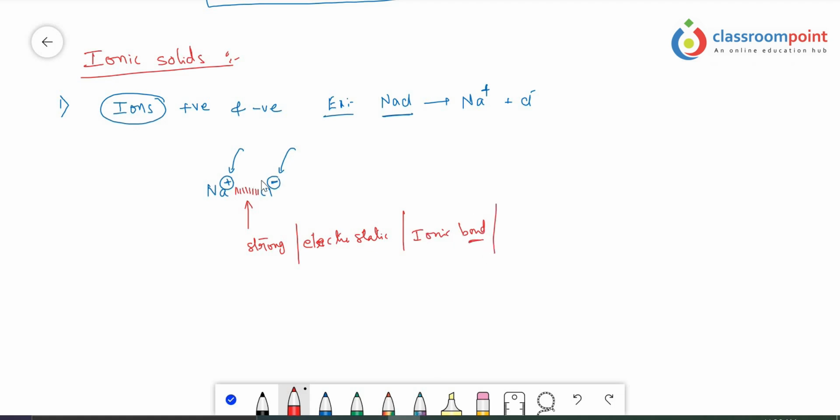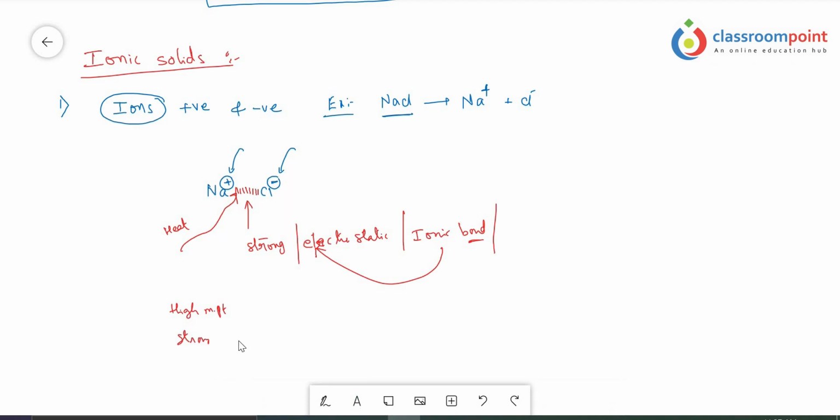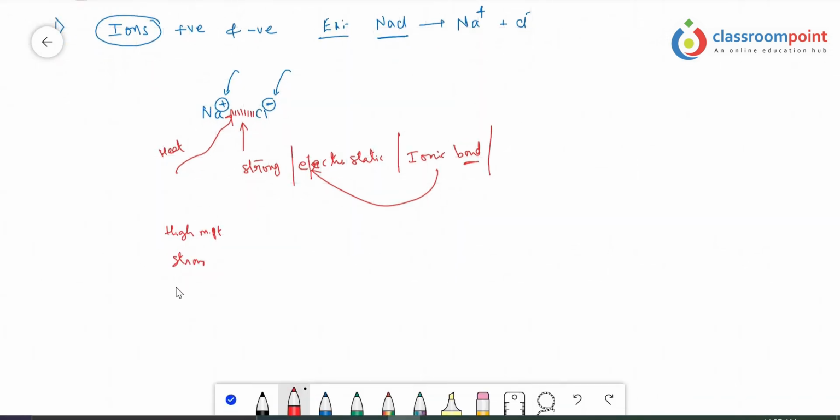The attraction force found between the two ions is called the ionic bond, and that ionic bond is due to the electric charges on the ions. These are very strongly attracted to each other. So this ionic bond is so strong that it needs high heat energy to be broken. That's why they have high melting point values, and these solids are very strong, hard and brittle.